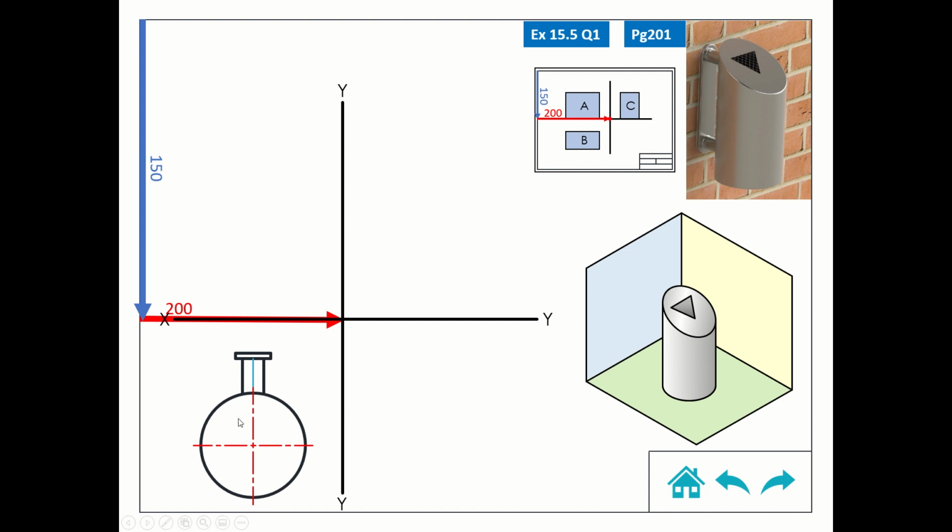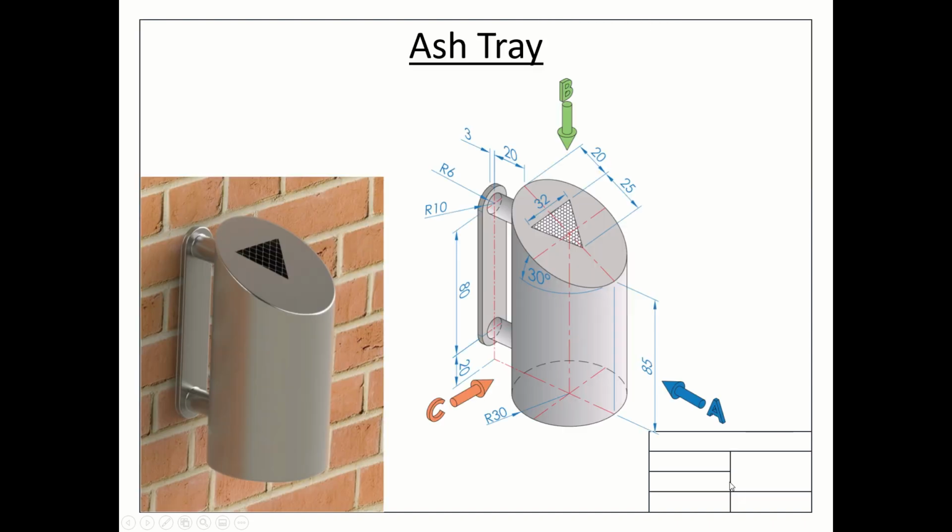Now you'll note I haven't added on the little triangular portion at the moment. The reason for that is the dimensions that I have here, 20 and 25, are measured along the actual cut surface. So when I look in the direction of arrow B, I'm not going to see this as 20 mil. It's going to appear shorter than 20 mil. It's like someone measuring along a roof.